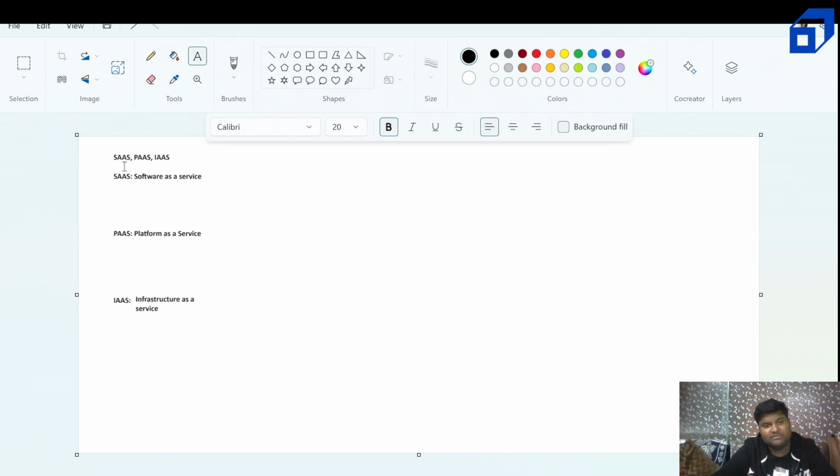SaaS means software as a service. Example, Microsoft Suite. Whenever a person purchases Microsoft Suite, they will get Microsoft Outlook as one of the softwares, right? It is an inbuilt application which everyone uses to send or receive emails. It's a part of Microsoft Suite, obviously.